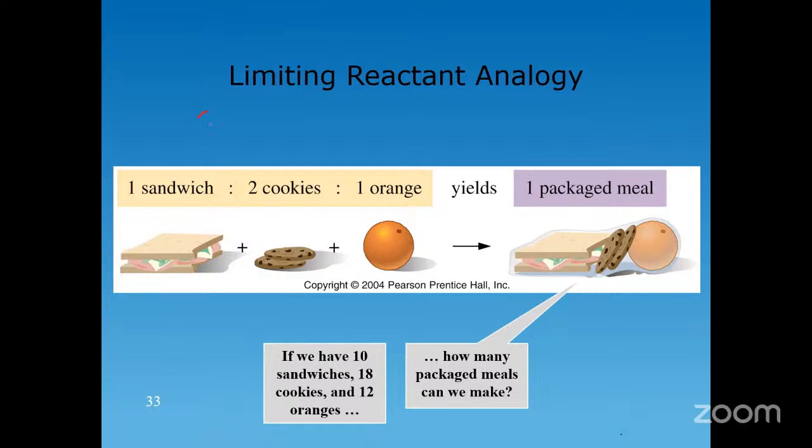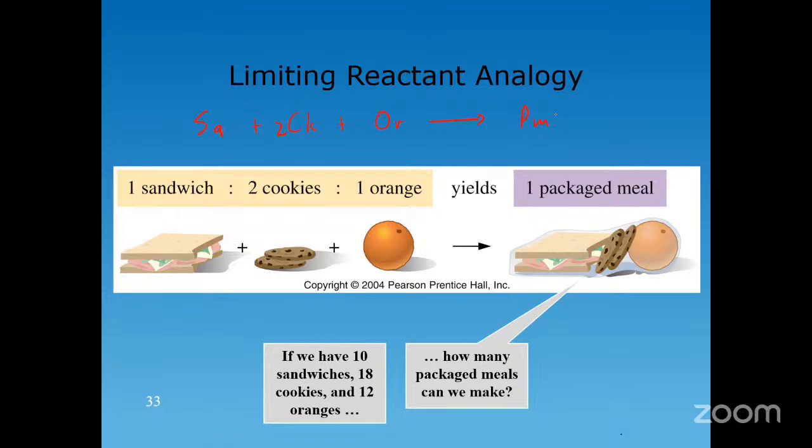I'm going to use SA to represent a sandwich, CK for cookie, and you need 2 of those, and then OR for the orange, and that will give 1 packaged meal. Let's say that's the equation you use for describing what we're doing here.